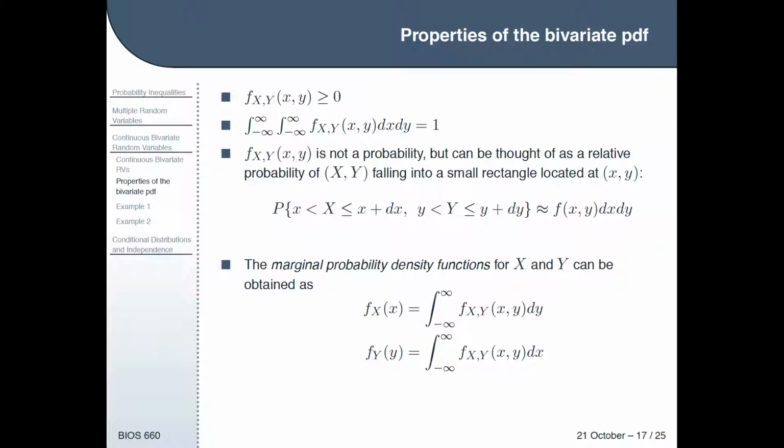Now we're in the continuous world, so we can't sum per se, but we do the continuous analog, which is integration. To get the marginal PDF of x, you integrate with respect to y over the support of y. Similarly, to obtain the marginal PDF of y, you integrate with respect to x over the support of x.